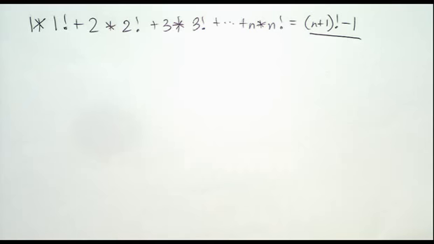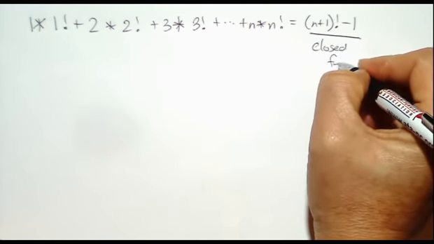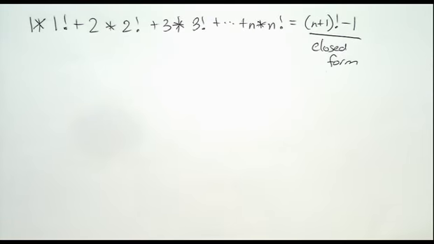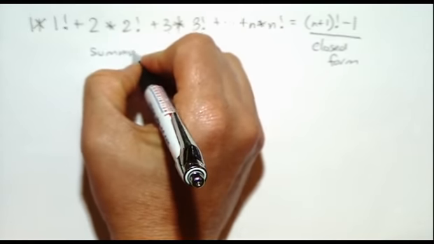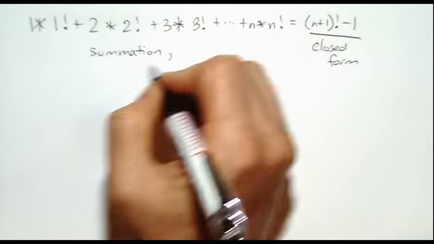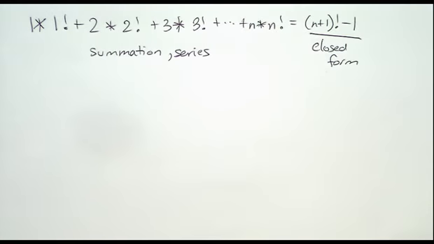Closed form. We call it closed form because I don't have to have any dots in it. What's on the left-hand side? Yeah, it would be nice if it was called open form. But this is a summation, and it's also called a series.